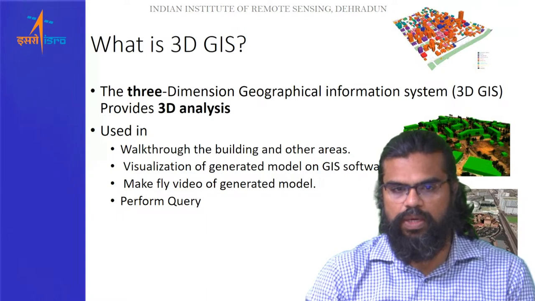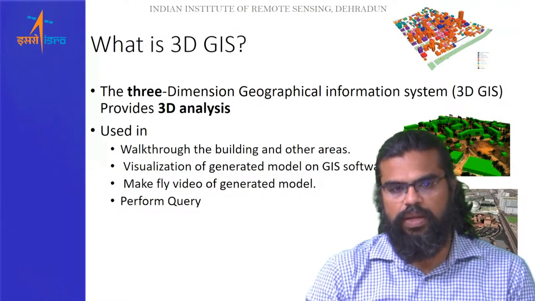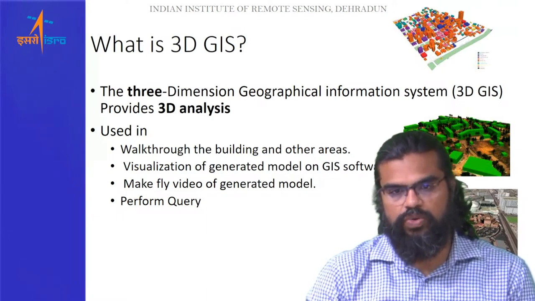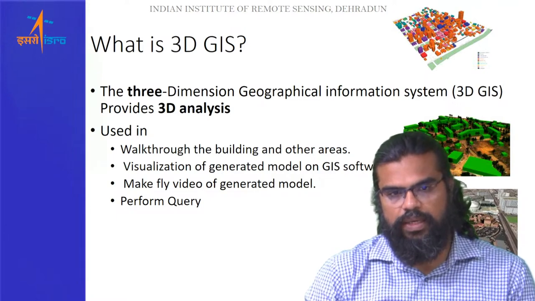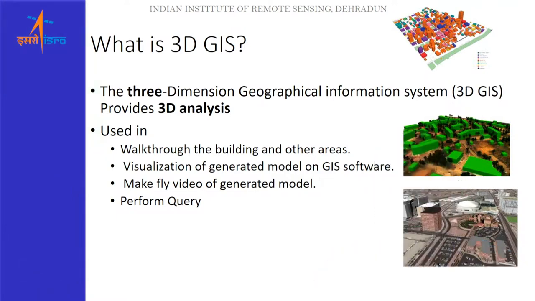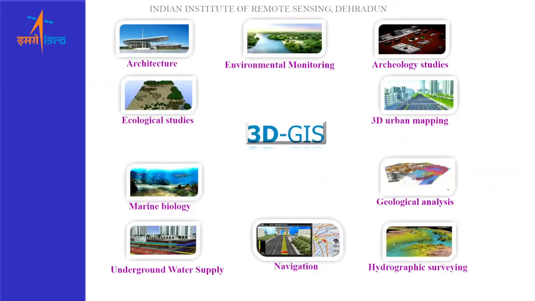There can also be a case where large scale GIS software can create city-like models. Then we can also create fly-through videos, and 3D GIS nowadays provides a lot of 3D query capabilities. We can perform 3D buffer analysis and other techniques that are currently available under 3D GIS.